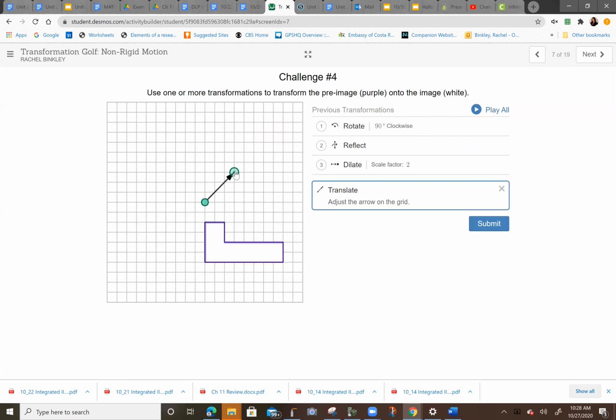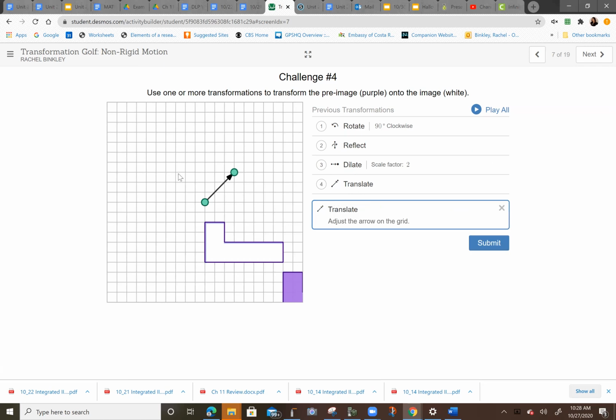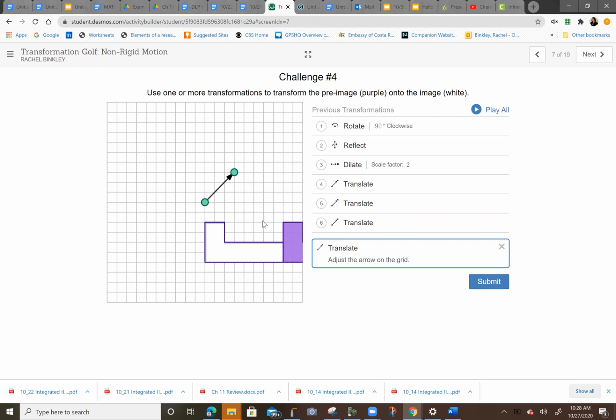Now I need to translate it up. Up some more. And you could do this different ways. One more. Cool. Now I need to translate it to the left. 1, 2. Now that I can see it, I can count. 1, 2, 3, 4, 5, 6, 7, 8. 1, 2, 3, 4, 5, 6, 7, 8.